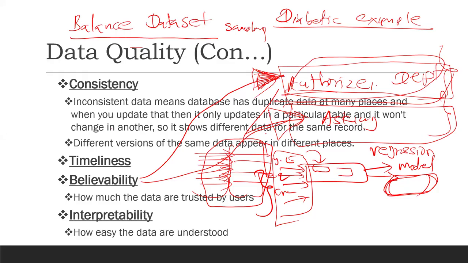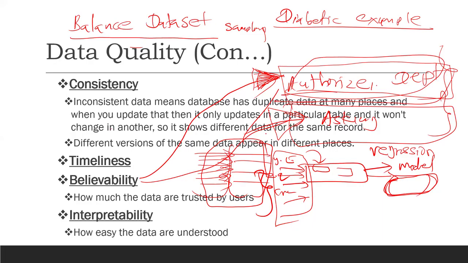You need to think about whether the source of data is trustworthy or not. If you are doing medical research, you need to collect the data set from the hospital, right? Hospitals have the actual records. The believability is high. The trustworthiness of your data is high, right? So that's why we call it the believability, trustworthiness of your data.